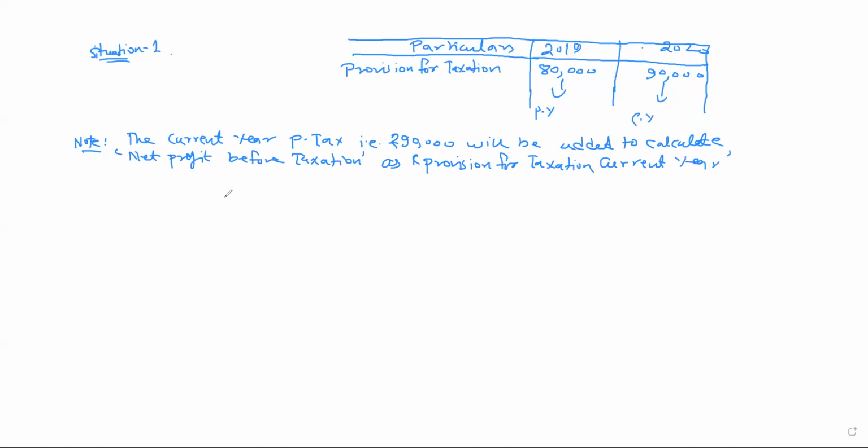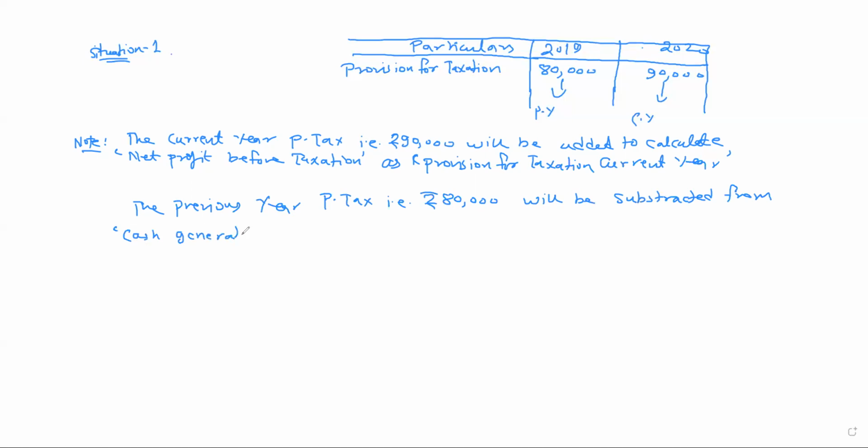Now make a paragraph and write: the previous year provision for tax, that is rupees 80,000, will be subtracted from cash generated from operations as income tax paid.